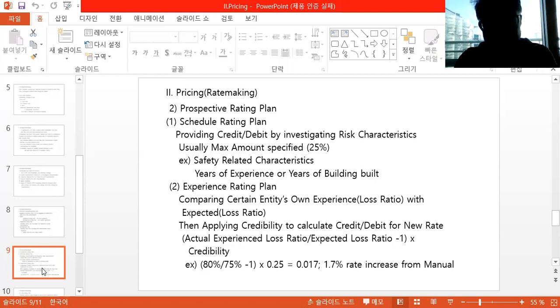The formula is actual experience loss ratio over expected loss ratio minus 1, and then times the credibility. The next example shows, based on the actual and expected loss ratios and the credibility, how much rate increase the insurance company is going to charge from the manual rate.